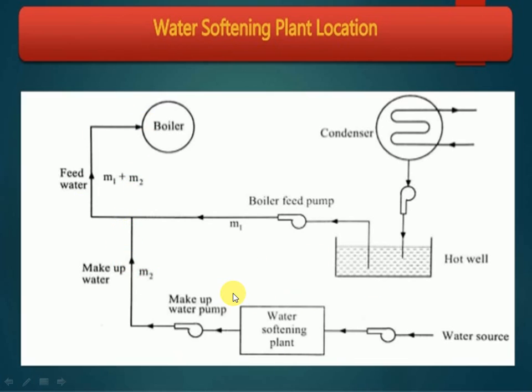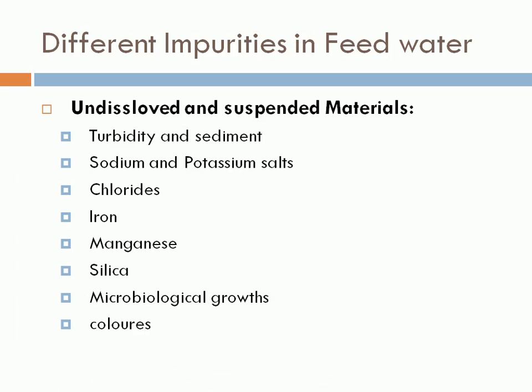Otherwise we can't, because of the effect it will produce, which we have already seen, right? So this is the exact location of the water softening plant in the power plant, right?